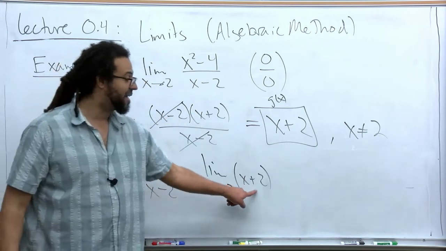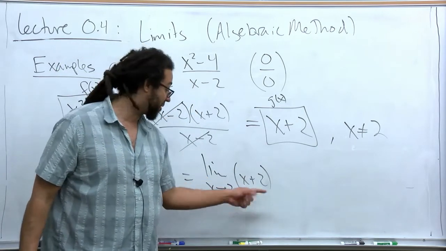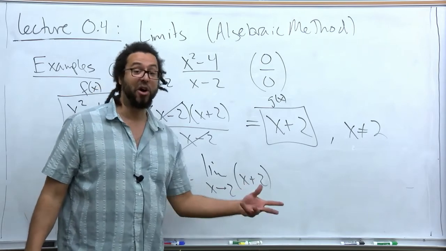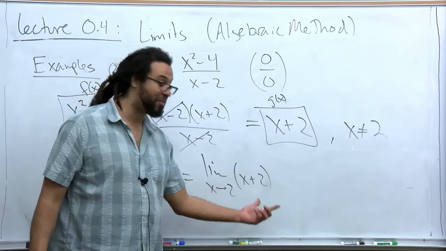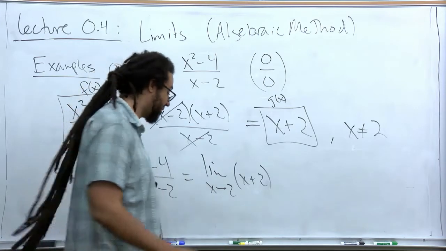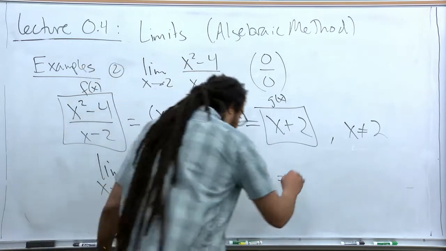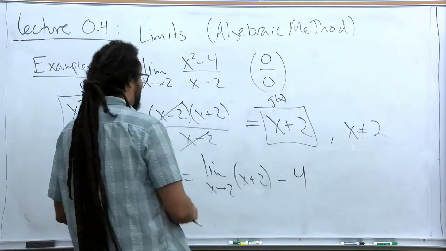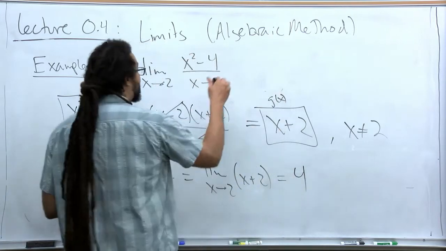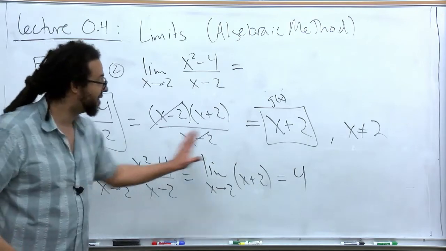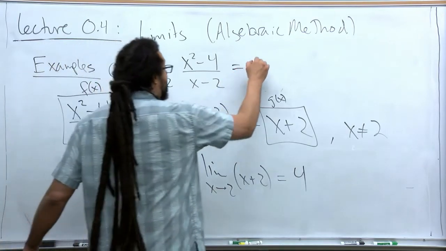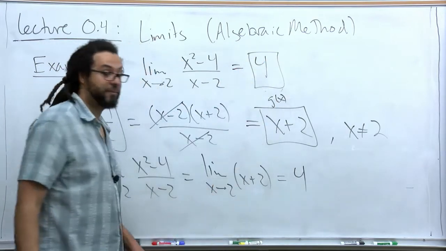Much easier. Now this thing, we can plug in the number, right? This is a polynomial, and we know that to evaluate the limit of a polynomial, you just plug in the number. So here I'm just going to get 2 plus 2, so here I get a 4. So 4 would be a good final answer, together with showing all of this work for this limit.